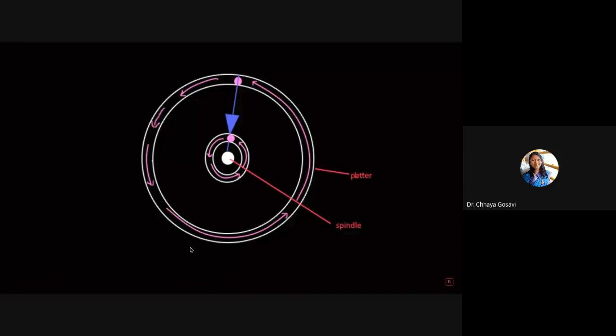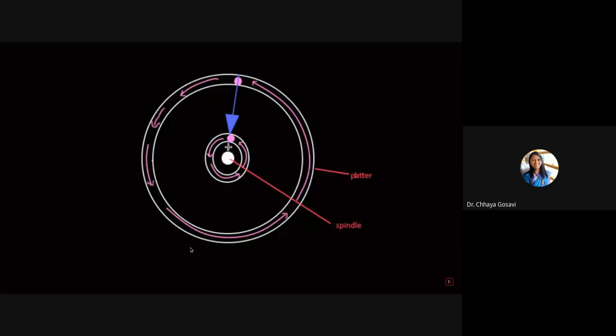If so, then of course this point will be moving faster along the outer path, because the length of this outer track is longer than that of the inner track. So for both of these points to reach the same point at the same time, this point should be moving faster. This happens in the case of a hard disk.